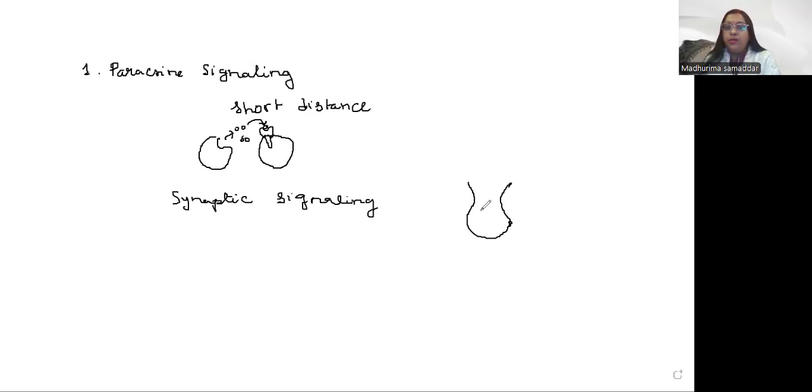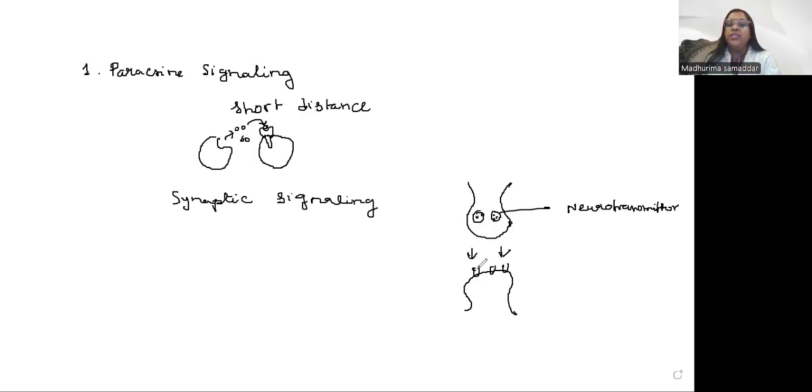Okay, so here there are ligands. The ligands here are called the neurotransmitter. So these neurotransmitters are released, and there is one more neuron cell here, which has the receptors, right?